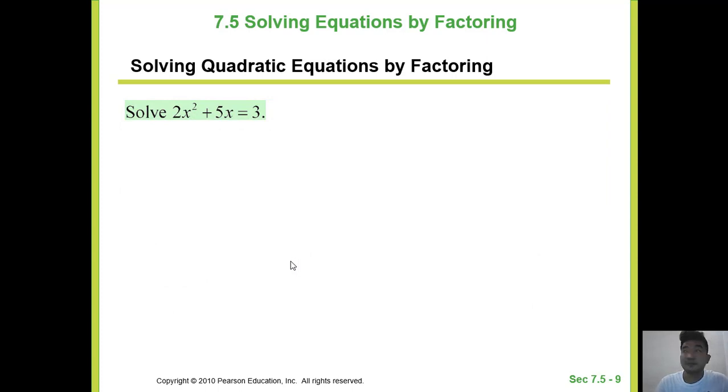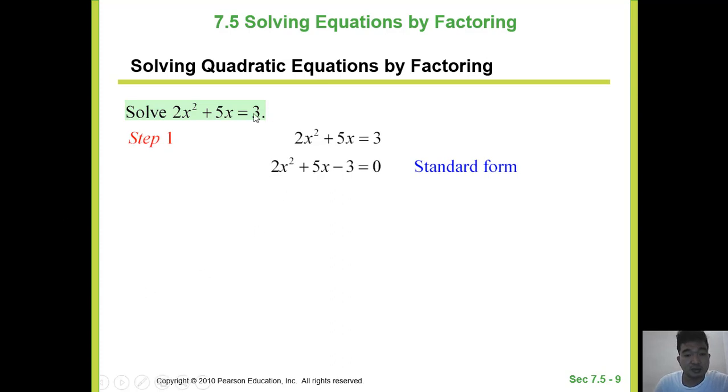Here is an example. For example, we have this quadratic equation 2x squared plus 5x equals 3. This quadratic equation is not in the standard form because the right side of the equation is not equal to 0. So what we have to do is to transform this into a standard form. So we add -3 to both sides of the equation.